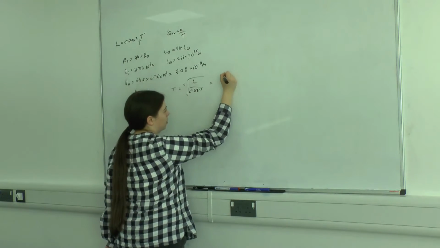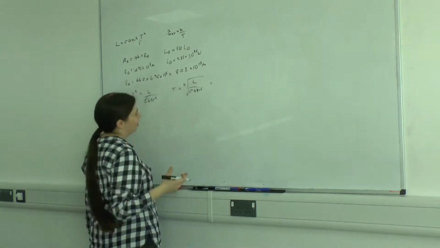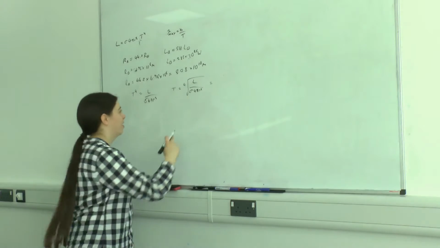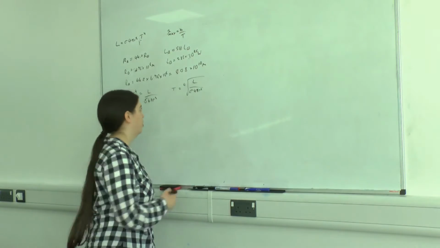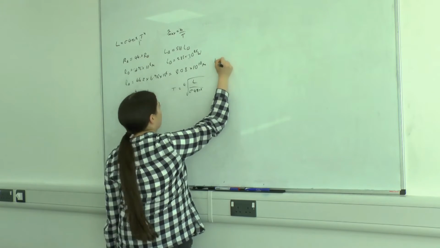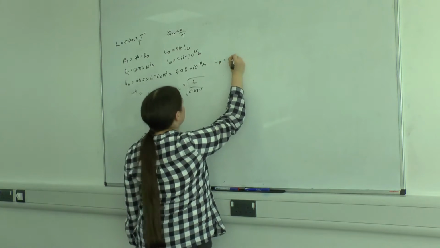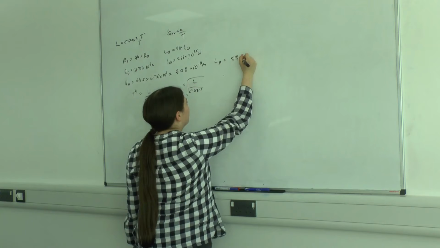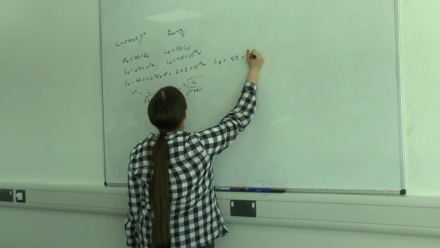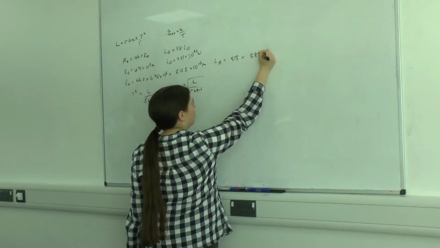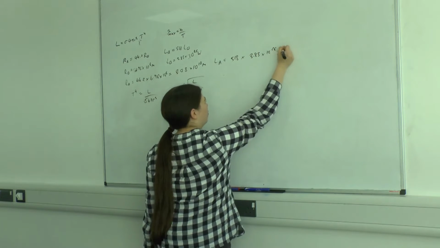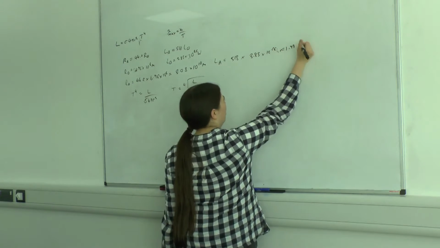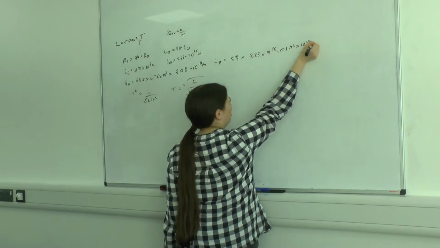Oh yeah, it would help if I also calculate the luminosity of Aldebaran, so quickly do that. 3.85 times 10 to the 26, and you get about 1.99 times 10 to the 29 watts.